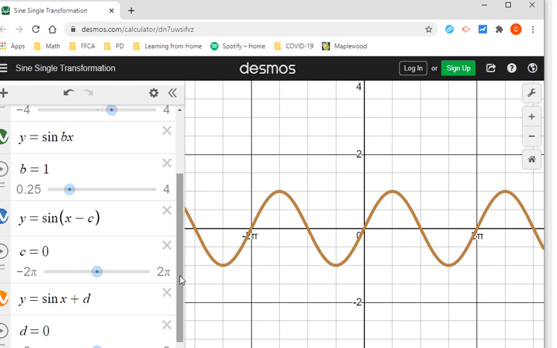So the amplitude will have changed the range. We talked about period, and we talked about where the zeros are. Also the center line or midline. So talk to somebody close by you. What's changing if I was to change this b value to a 2? Amplitude, period, center line, translation. Talk to your neighbor.